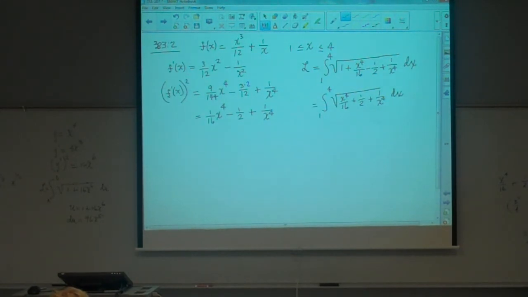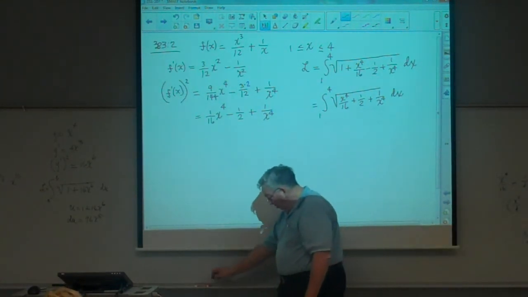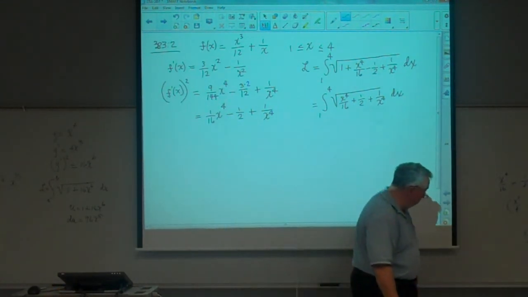Inside times inside is x squared over 4x squared. And last times last is 1 over x to the 4th. Do you agree? But some nice things are going to happen, aren't they?